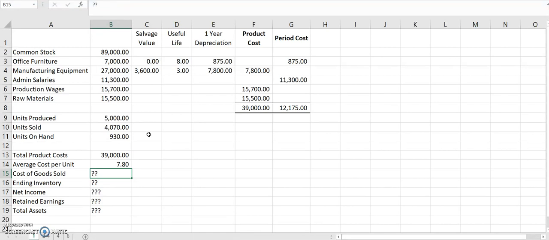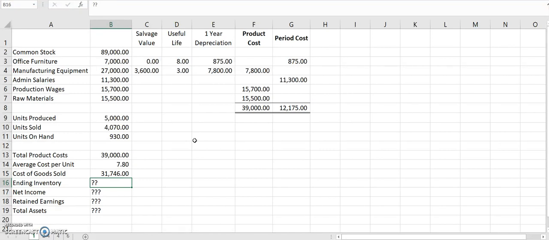Well, here we just need to simply take the units that we sold, 4,070, and multiply it by our average cost per unit. So again, our cost for our sold items, how many did we sell? What did it cost us to produce those units? So we come out to $31,746.